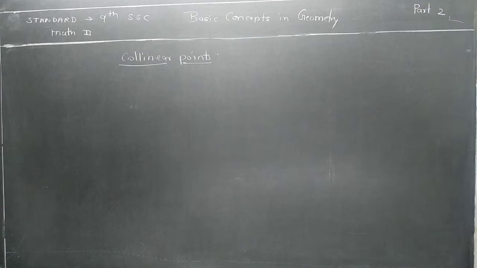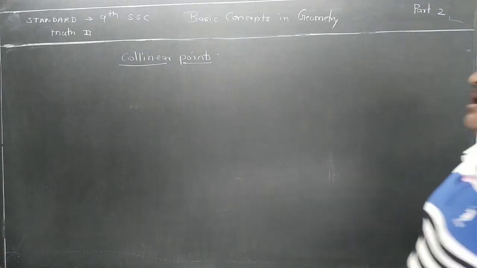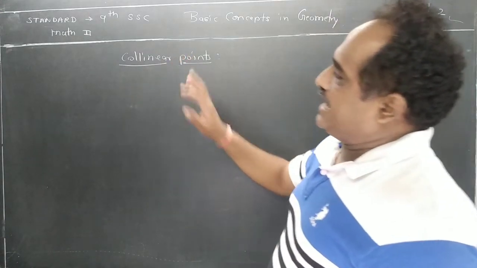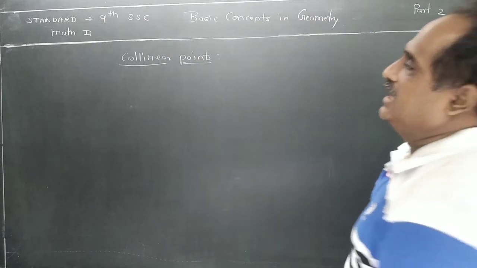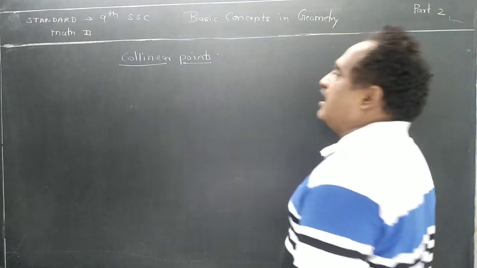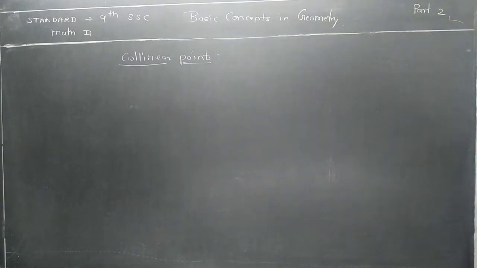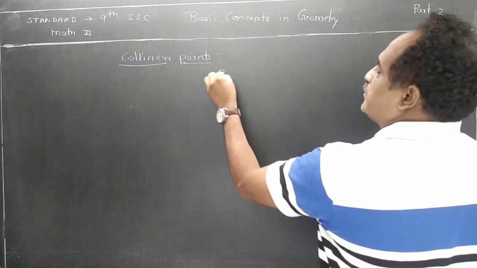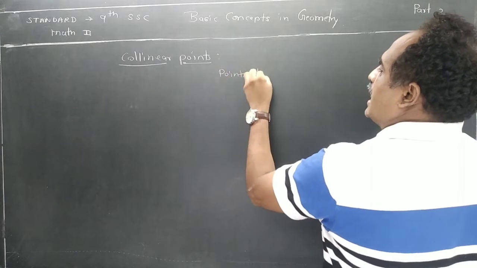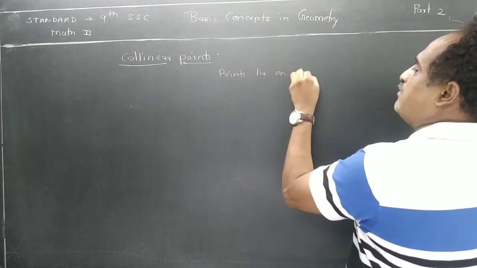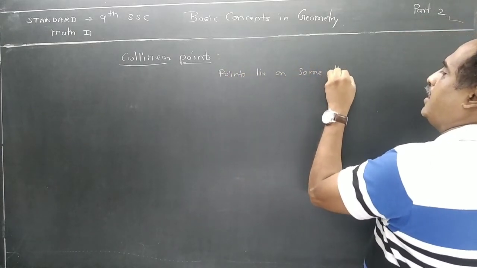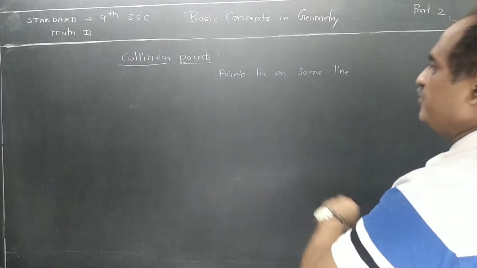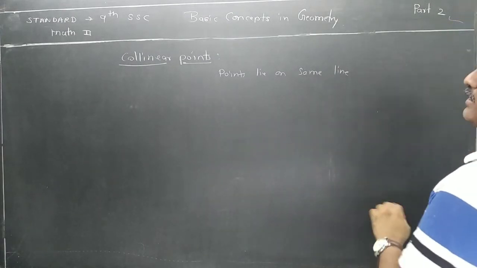Collinear points. Linear means line. Linear means straight line. Collinear means the points which lie on the same line. But we'll go for the condition.